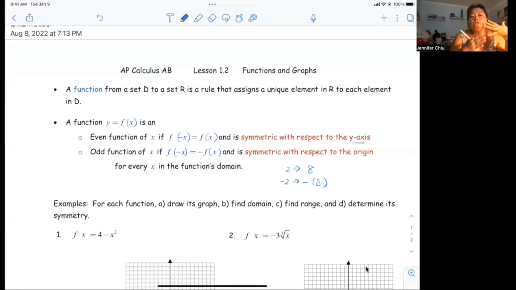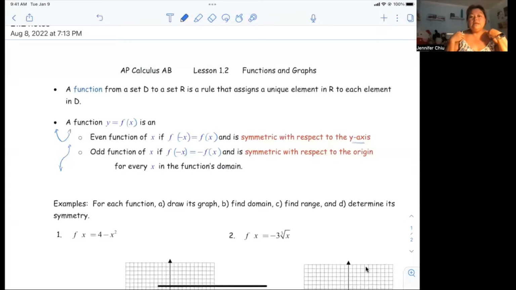A cube function is a very good example of what an odd function looks like. A parabola is even because both of them are the same. An odd function means that all the values on the right-hand side get flipped around and have symmetry with respect to the origin, with their counterpart in quadrant 3, like so, all right? These two are typical examples of odd and even functions.